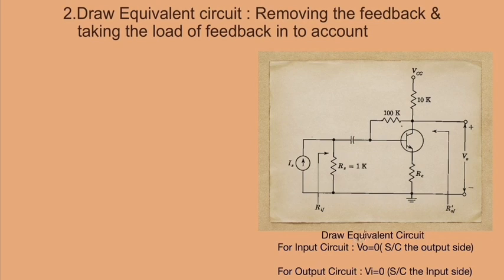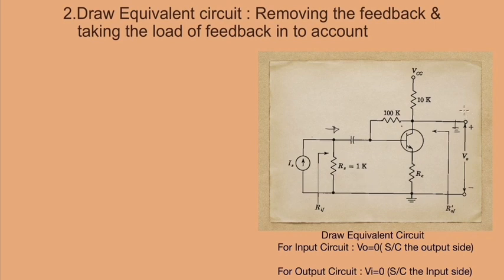As we know, the topology is voltage shunt, and for the voltage shunt topology, to draw the input circuit, we have to short the output side, and to draw the output side circuit, we have to short the input side, right? So, we will observe the circuit from the input side, and by shorting it at the output side, we observe that we'll have a 100K resistor here at the input side.